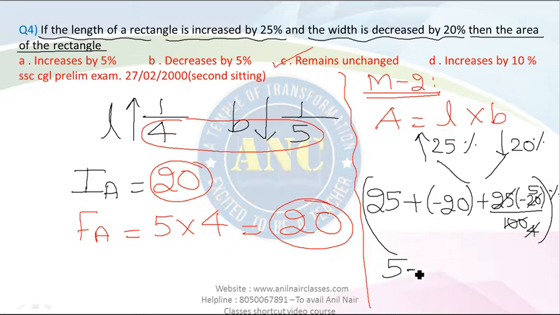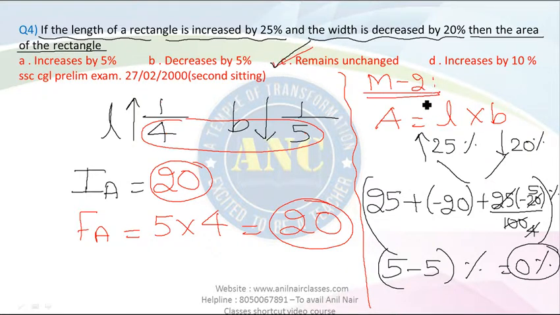Plus into minus gives minus 5. 5 minus 5 percentage is 0 percentage. 0 percentage means it remains unchanged. Instead of doing all these things by method 2, see how beautifully your method 1 in this example will teach you, sir. I hope you understand the difference in solving.